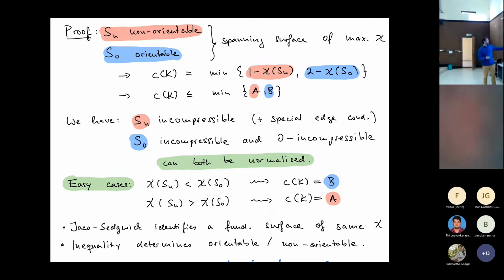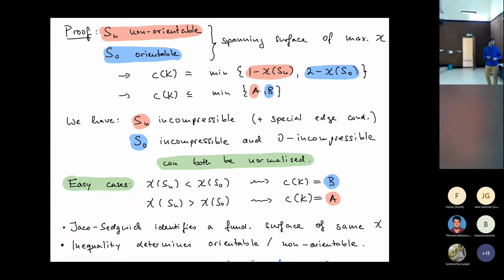You always have to think like, Euler characteristic is negative, genus is positive, right? Okay. So we have this incompressible non-orientable surface plus this special edge condition, which prevents us from doing a boundary compression during normalization. So we know this is a normal surface, and So is incompressible and boundary incompressible, so this can also be normalized, right? So both Sn and So, we started out as topological surfaces, and those are normal surfaces.